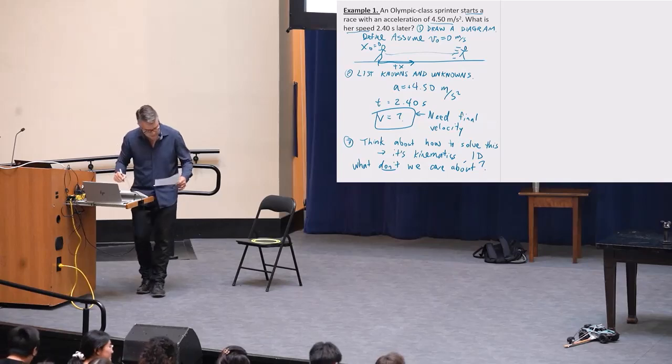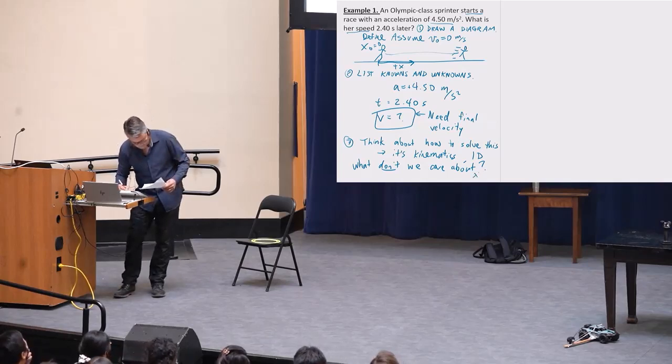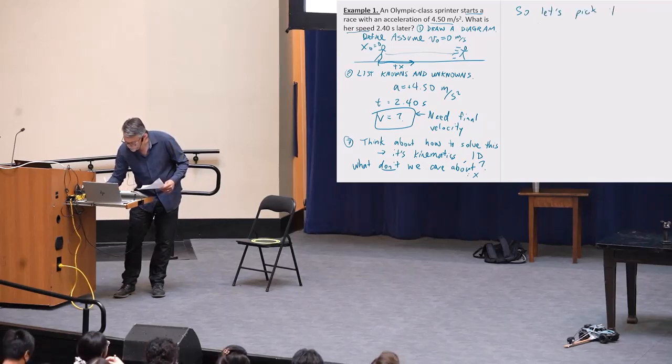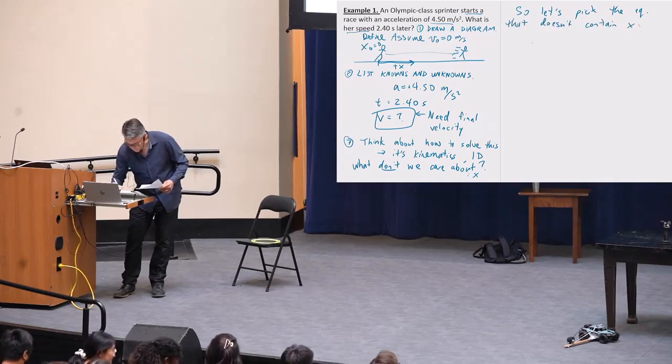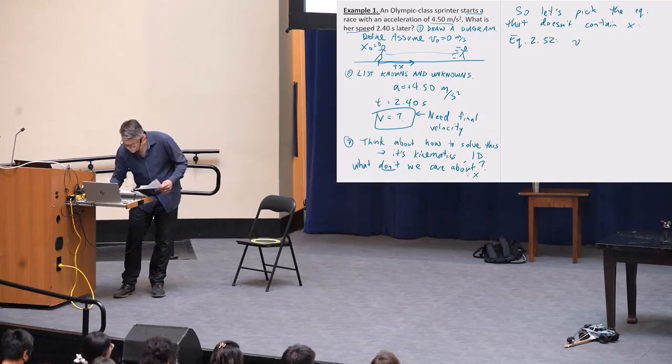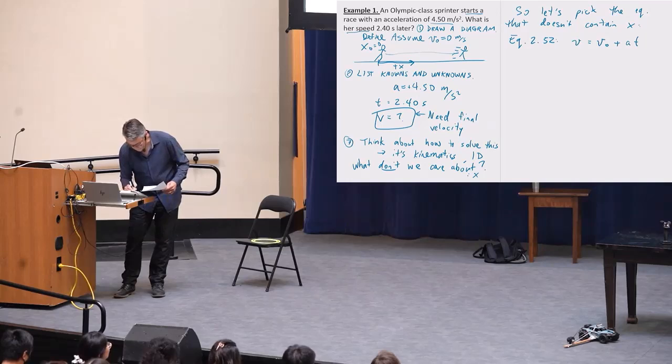And I think in this case, it looks like it's x. So let's pick the equation that doesn't have x, position. And that is the first one, equation 2.52 from your book. v is equal to v0 plus a times t.